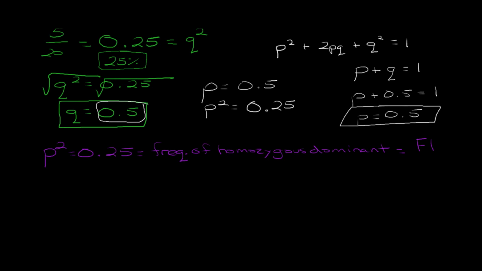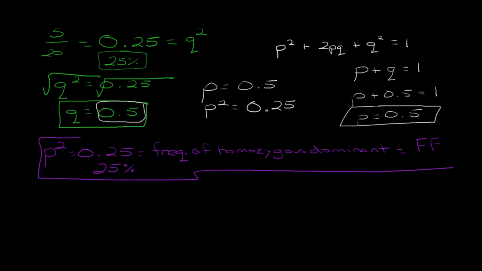Those would be our capital F individuals, right? They would have purple feathers. Now if I want to, I can turn 0.25 into a percentage, and that would be 25%. So I know that 25% of the individuals in this fruit dove population are probably going to have this genotype, which is going to code for purple feathers.